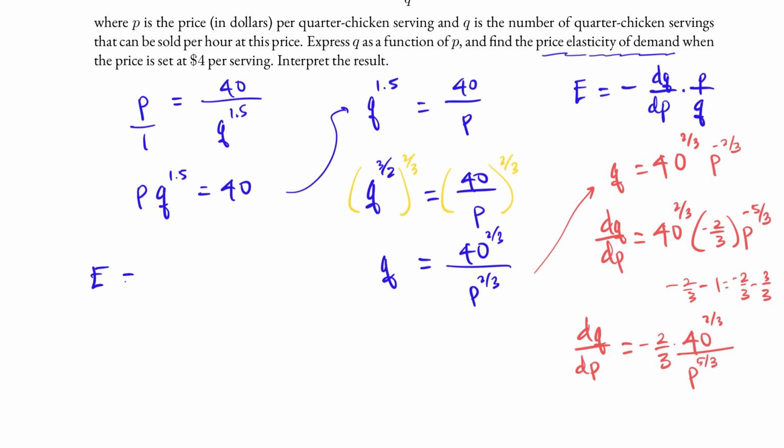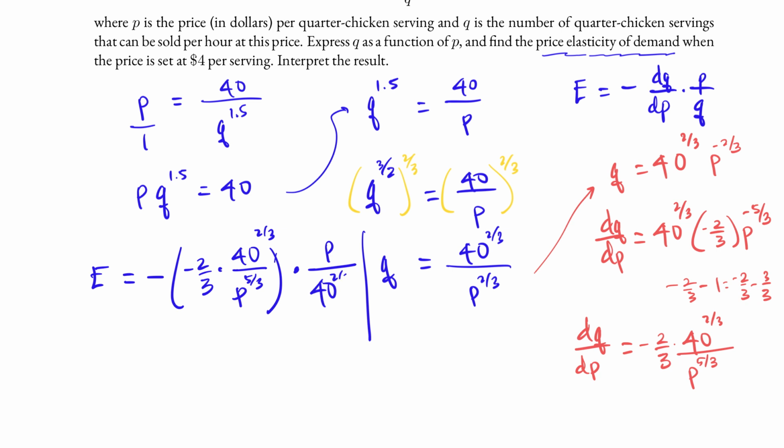The elasticity is negative dQ/dP, which is now negative 2/3 times 40 to the power 2/3 over P to the power 5/3, times P divided by Q. But Q by itself is 40 to the 2/3 divided by P to the power 2/3.